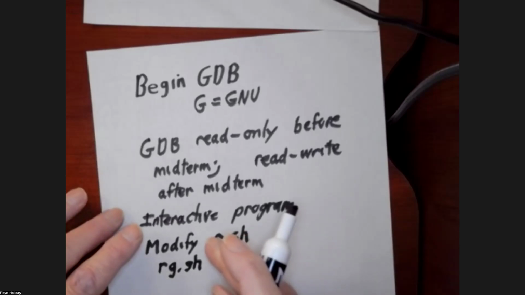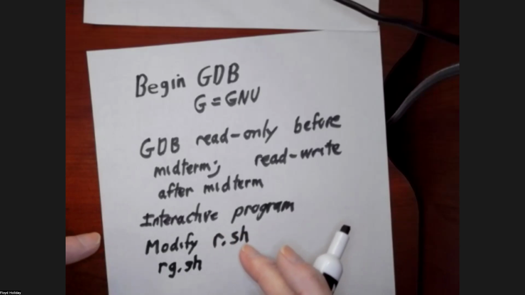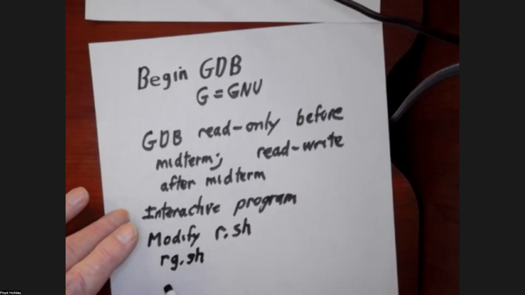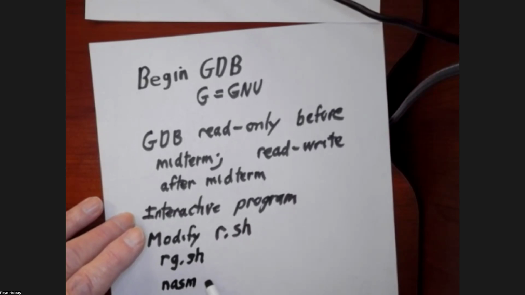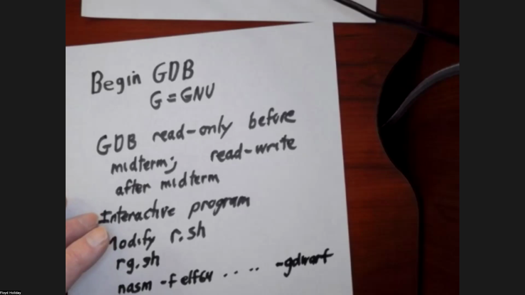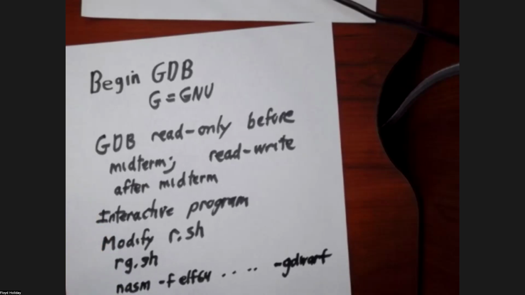So you open the r.sh in an editor, and then you save as rg.sh and make these small changes on the NASM statement. -f elf64, et cetera. At the end, or in the middle for that matter, -g dwarf. G dwarf is attached, all one word.